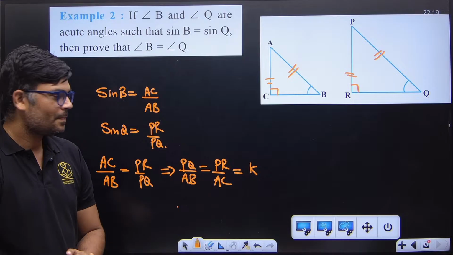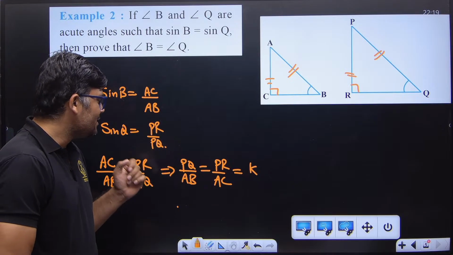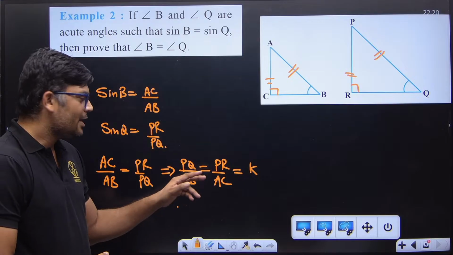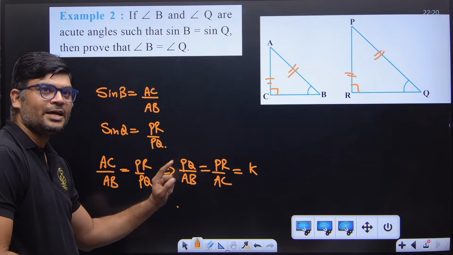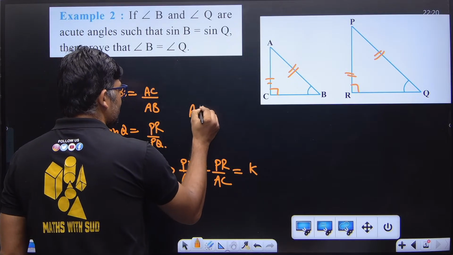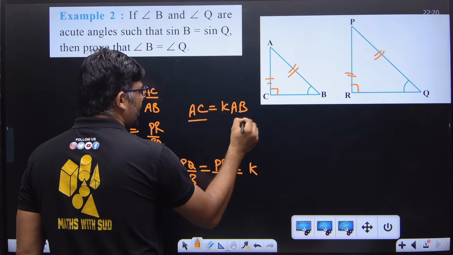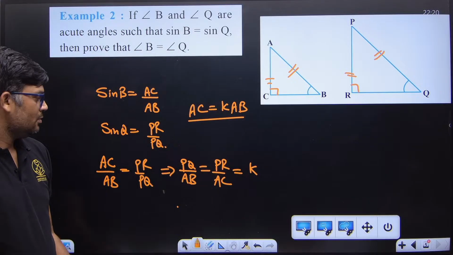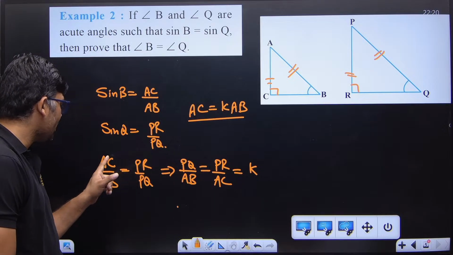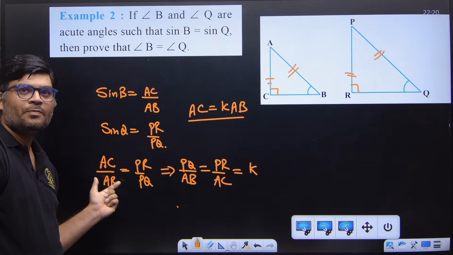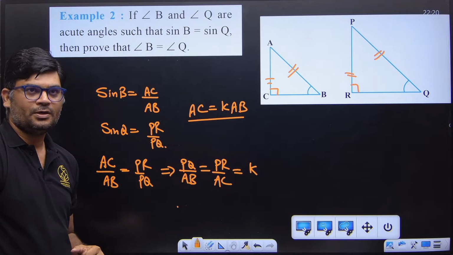All right. So I said that the ratios are equal to a constant. I can just reverse it. I can put AC again on the top. So AC can be written as KAB. Are you getting it? If I put AC upon AB is equal to K, AB will be multiplied by K. So it will become AC is equal to KAB.